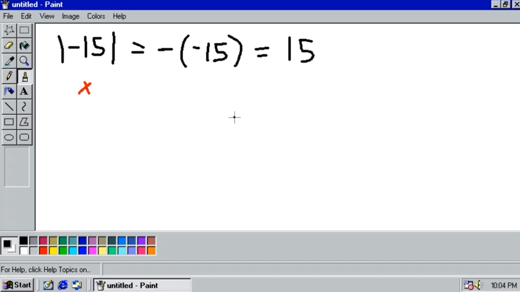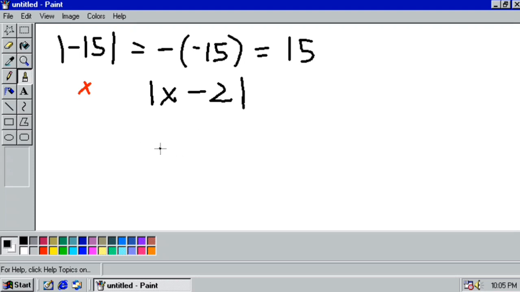In the same way, if we designate the absolute value of an algebraic expression such as the absolute value of x plus 2, and x has a value such that x plus 2 is a negative number, then the absolute value of the expression will be the negative of the expression.